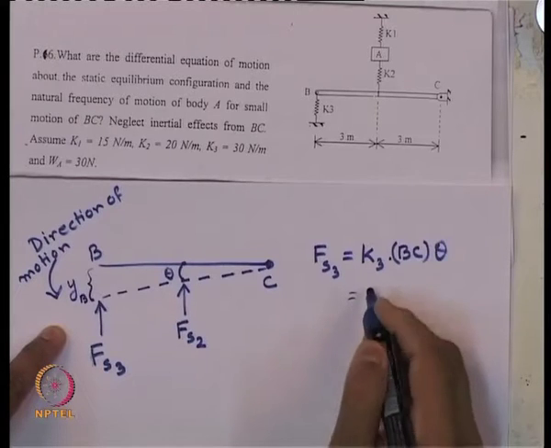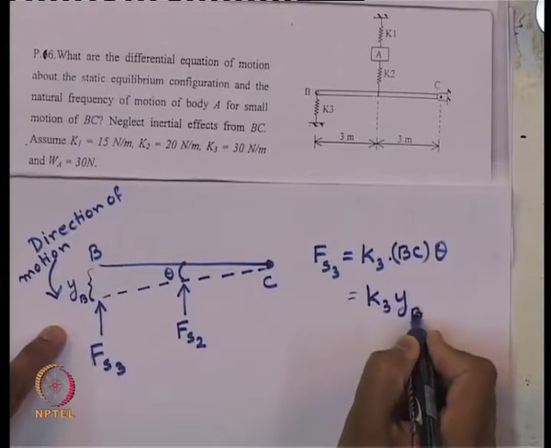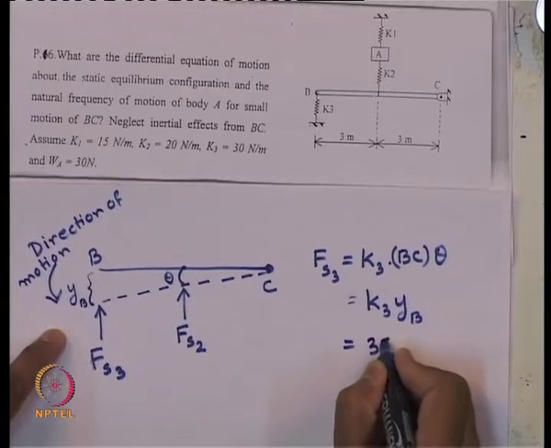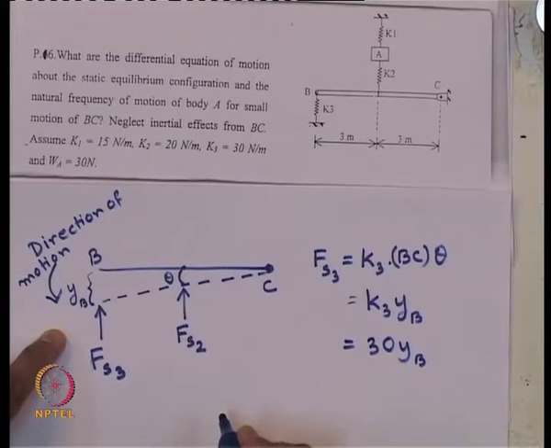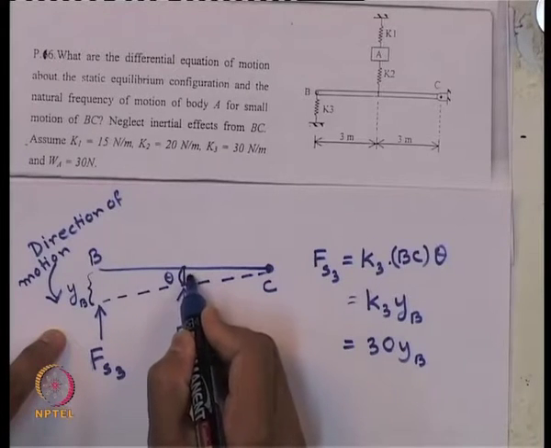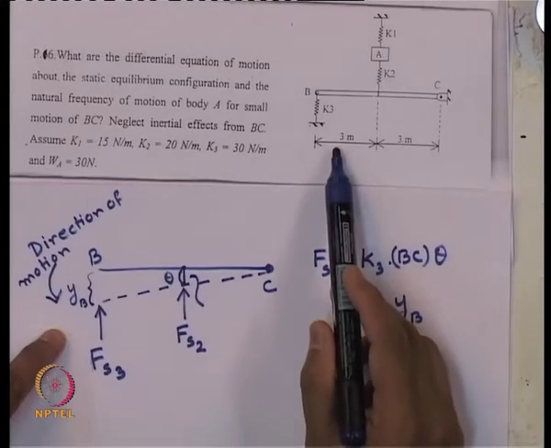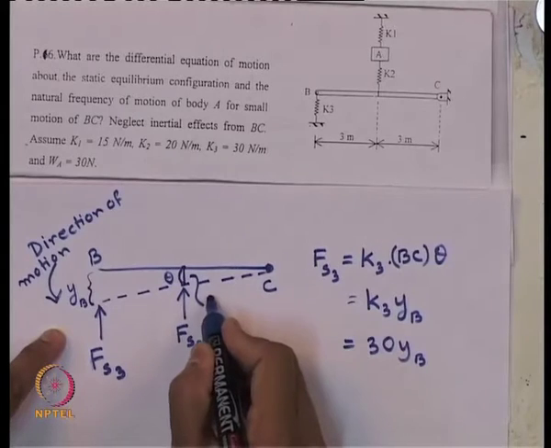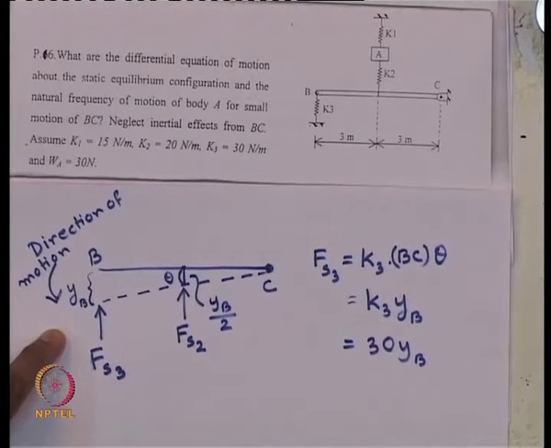So, it can be written as K3 times y of b. The value of K3 is given to us as 30 Newton per meter, so 30 y of b. How much should be this displacement at the midpoint? This point is the midpoint; as per the figure this is 3 meter, this is also 3 meter. So, this should be y b by 2, right.